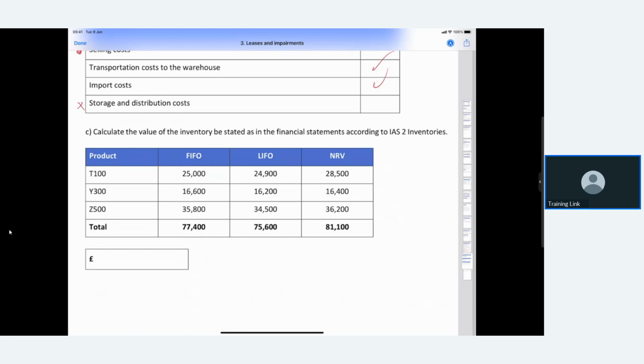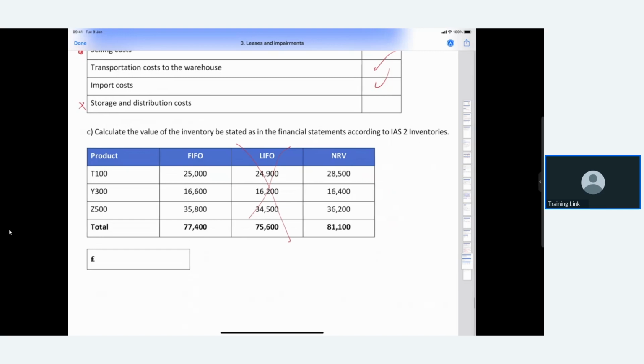So I'm just going to put a great big X straight through LIFO because under IAS 2 they do not allow LIFO as an inventory valuation method. It can be used within management accounts, but it can't be used for your financial statements at year end to be uploaded to Companies House. So we're looking between FIFO and the NRV, net realisable value, for the lowest figure.